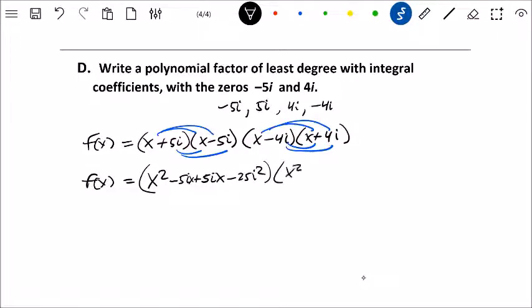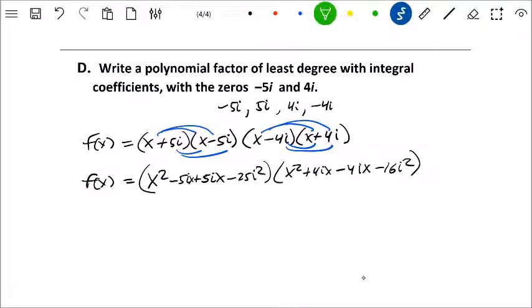x times x is x squared plus 4ix, and then -4i times x is -4ix. -4i times +4i is -16i squared.